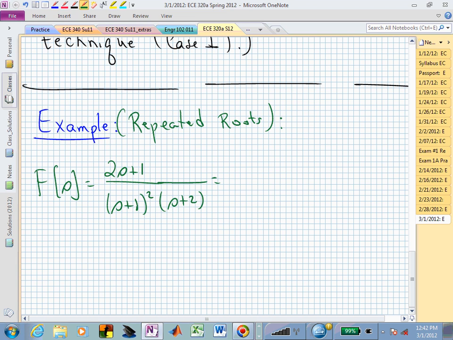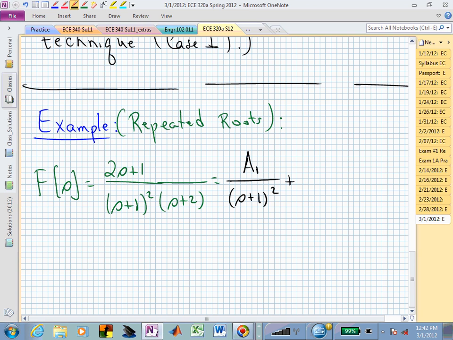And as a review, what's the partial fraction expansion look like for this particular transform? That's one of the pieces.